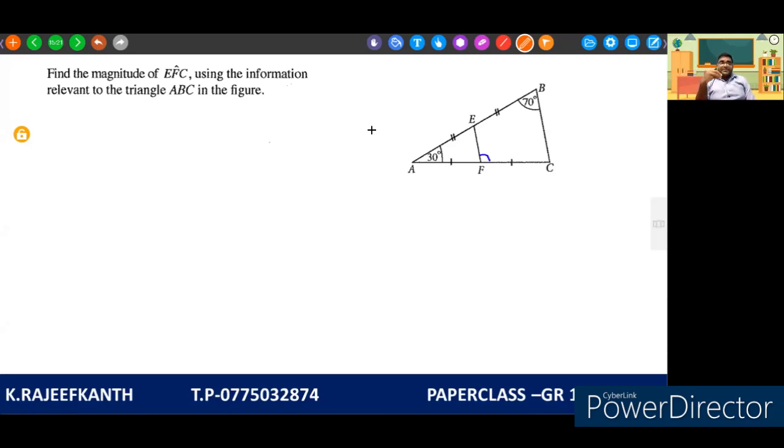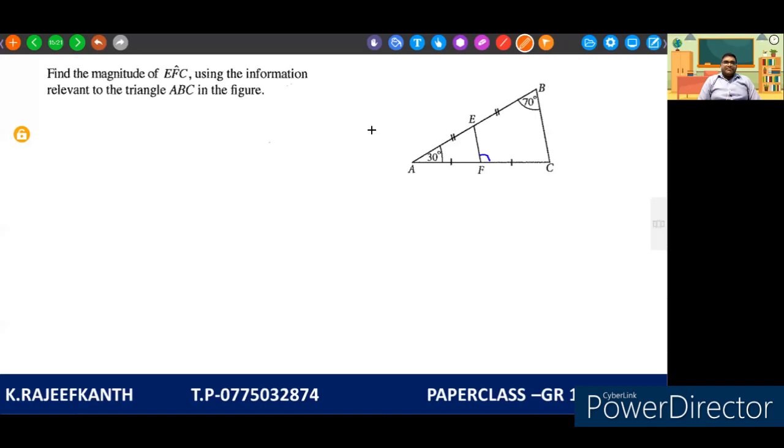Which theorem can we apply in this figure? You have to think about everything, then you can find the answer for angle EFC, right? So here they have given the triangle ABC, and they have marked AE equals AB, and also AF equals FC.